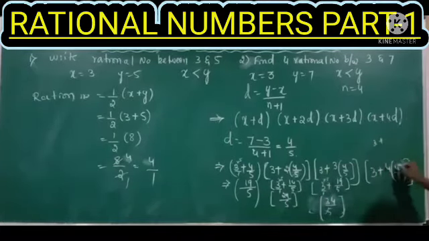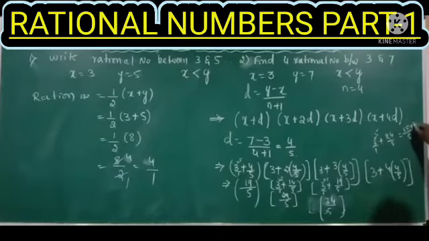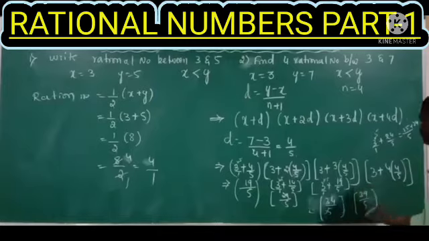And next one, similarly calculate this one. 3 plus 4 times 4 by 5, that is 20 by 5, plus 4 is 24 divided by 5. Denominator is always 1 means LCM of these two is 5. I need to multiply here 5. 5 3s are 15, 15 plus 24 is 39 by 5.